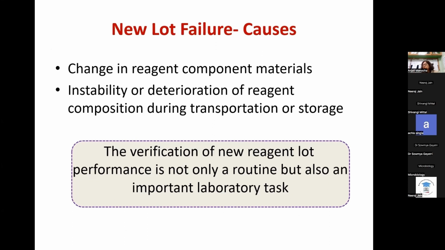Maybe the company had changed the preservative or something. So I'm just giving an example of another scenario where if you're just looking at the range without checking whether there is a shift or a trend, it could also lead to an error being missed.